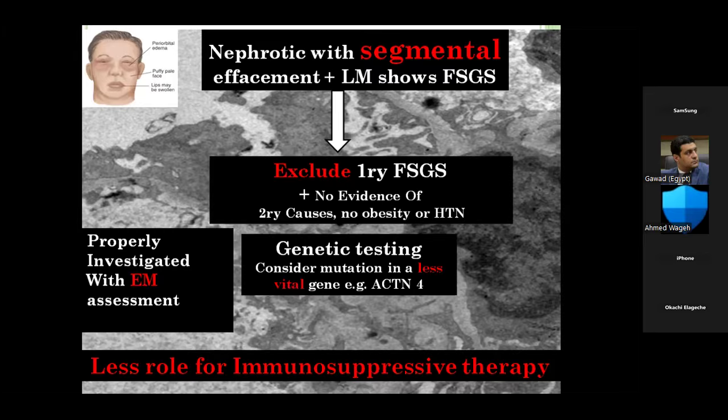This makes a role for immunosuppressive therapies, not only in cases of primary focal segmental glomerulosclerosis, but even for genetic focal segmental glomerulosclerosis, because of the effect of steroids on the cytoskeleton of the podocytes.